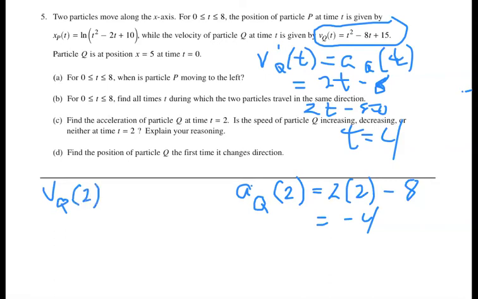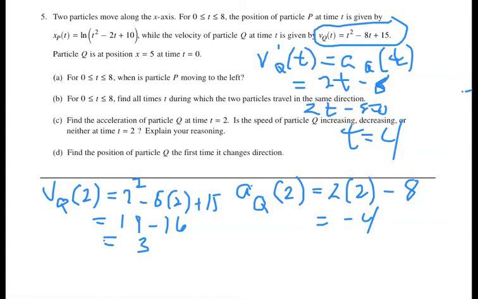So we're going to use that original problem we did the derivative of, which is 2 squared minus 8 times 2 plus 15. So that's going to be 4 and 15 is 19. 19 minus 16 is 3. So do we see the velocity is positive and the acceleration is negative?